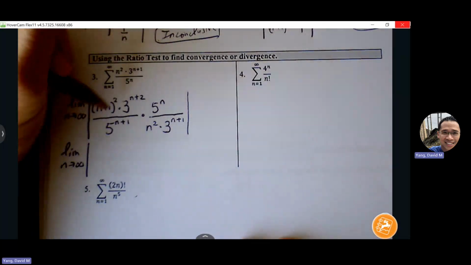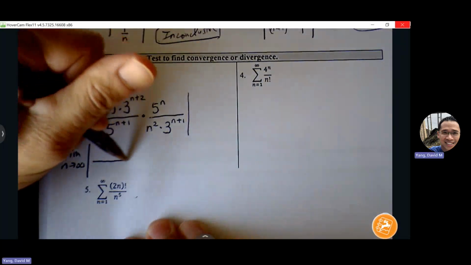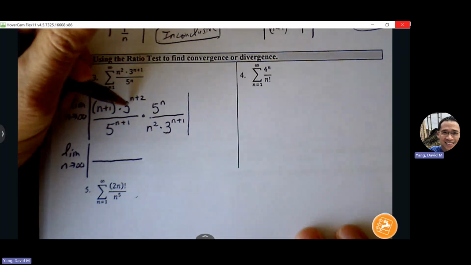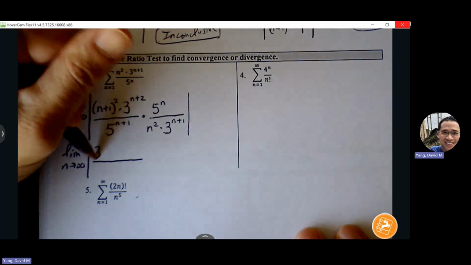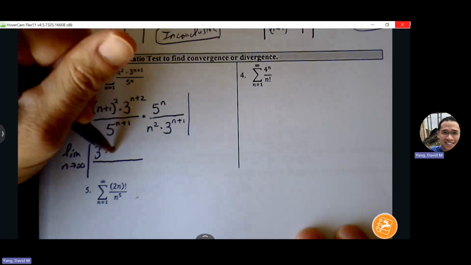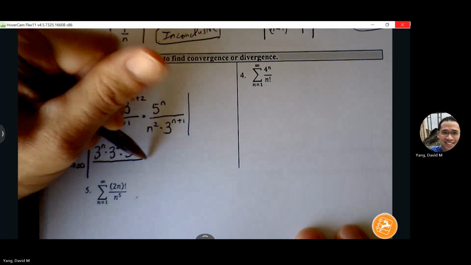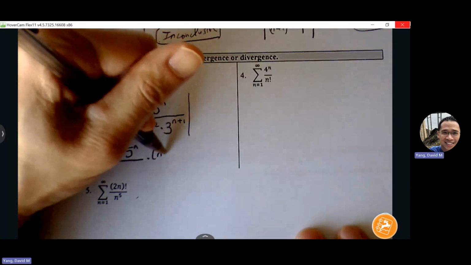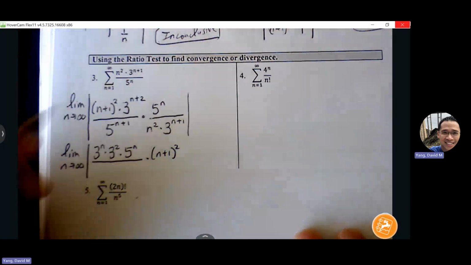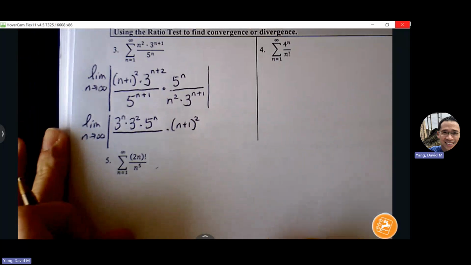Okay, so this is what I'm going to do here. I'm going to put everything under one fraction. 3 to the n plus 2 is the same thing as 3 to the n times 3 squared times 5 to the n. I'm going to separate that n plus 1 squared from the rest because I'm not going to quite cancel that out.